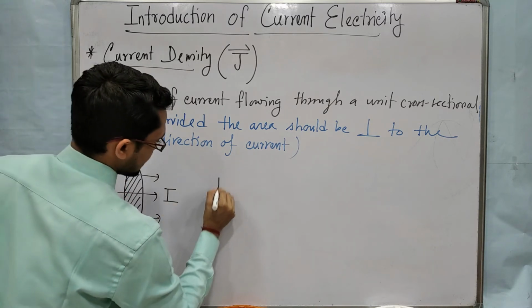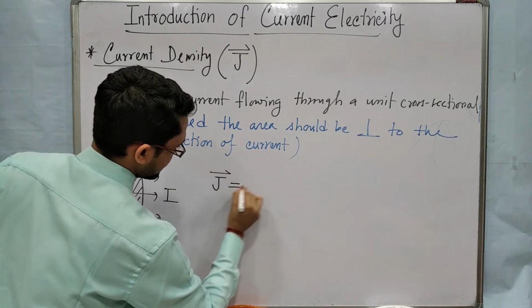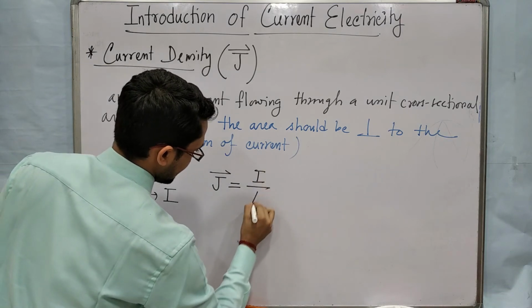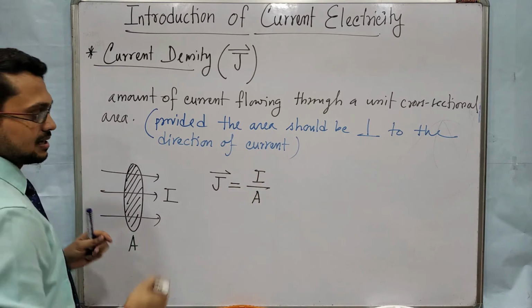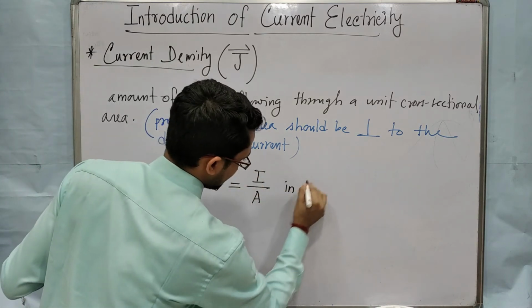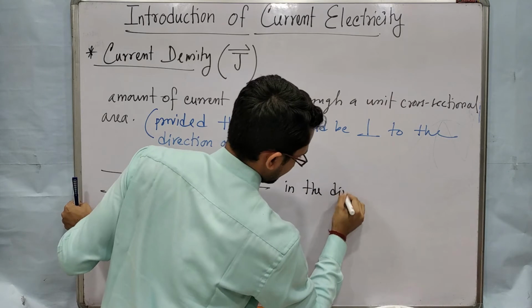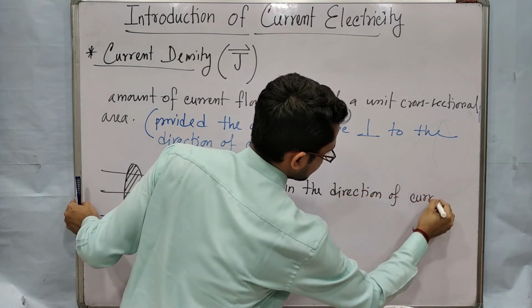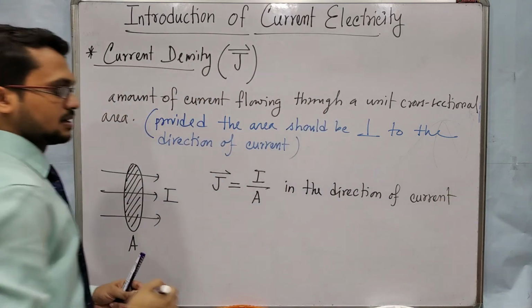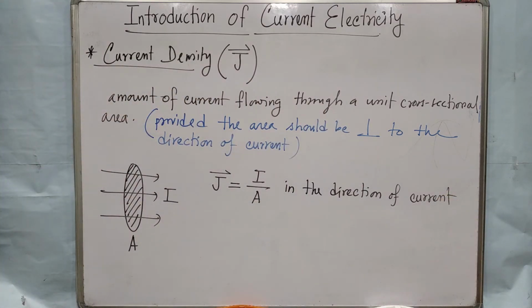So J, current density, a vector, will be I by A. This is the magnitude. What will be the direction? Direction will be in the direction of current. J is I by A, in the direction of current.